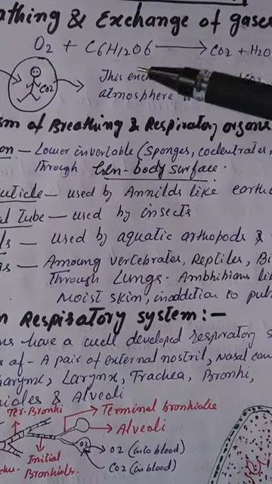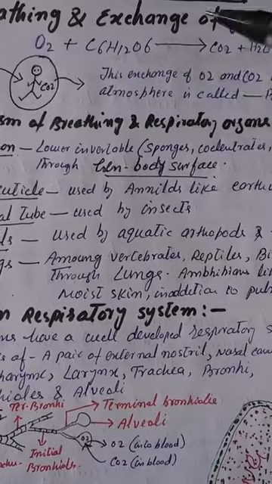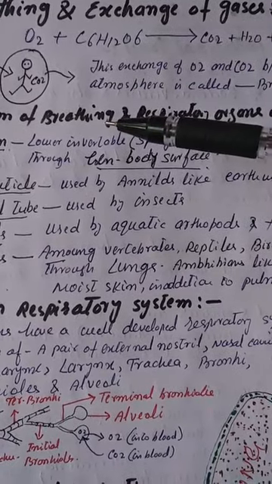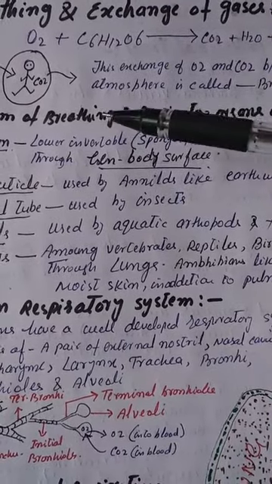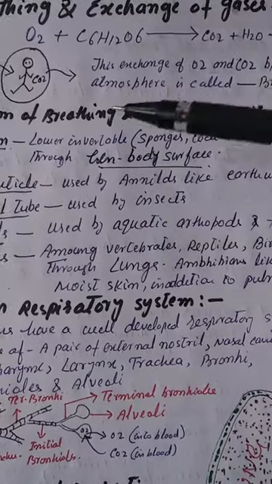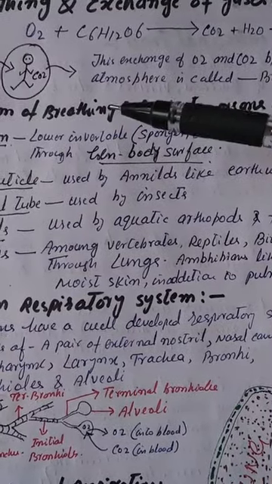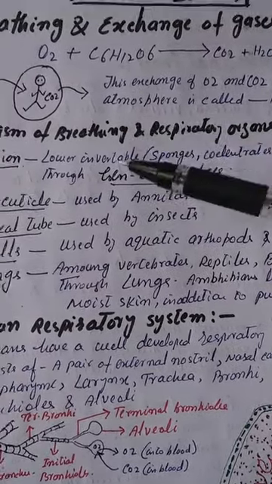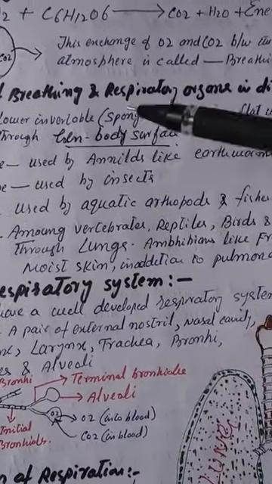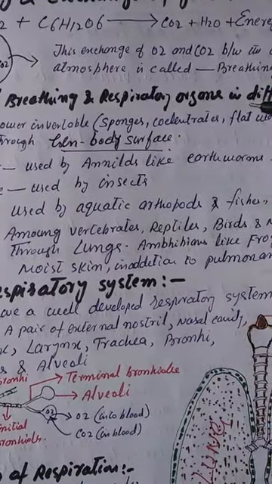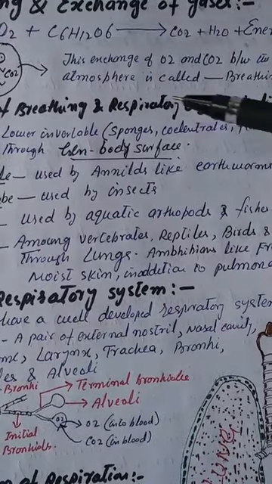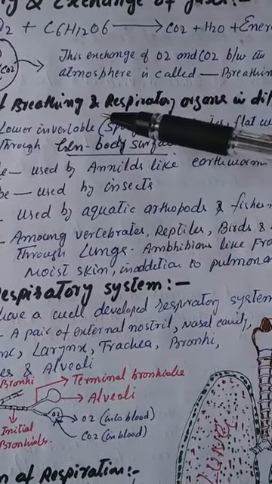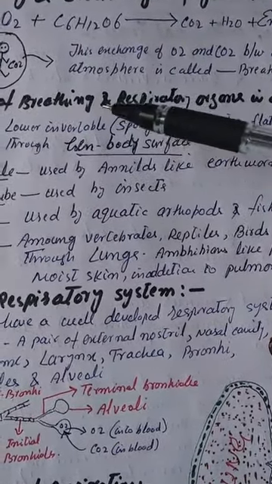As we have seen already, different organisms have different types of respiratory organs and different methods of respiration. For instance, lower invertebrates like sponges, coelenterates, flatworms, they respire through the general body surface by the process of diffusion.